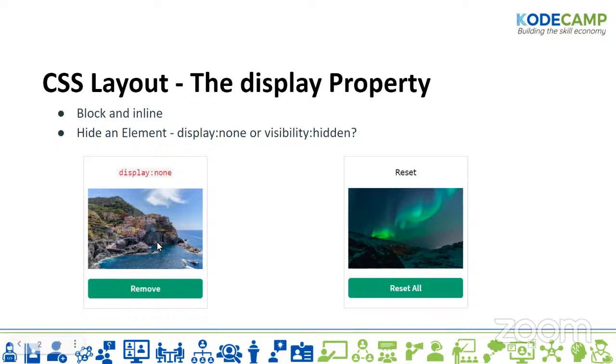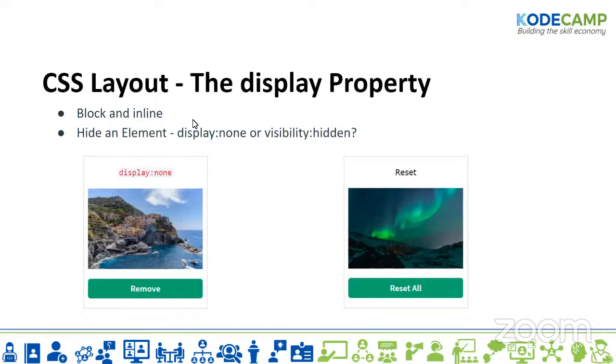If I change it to a display of none, this entire block will just go off. The other space that you're seeing here is when you're using visibility of hidden. It hides the content but still leaves the space here.